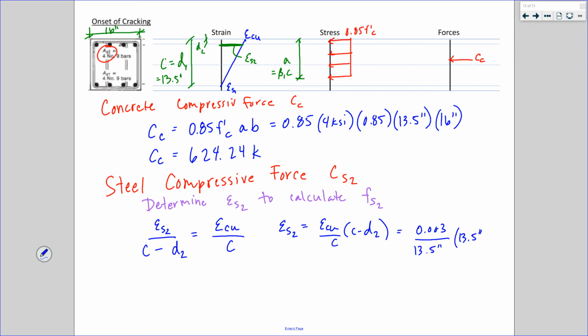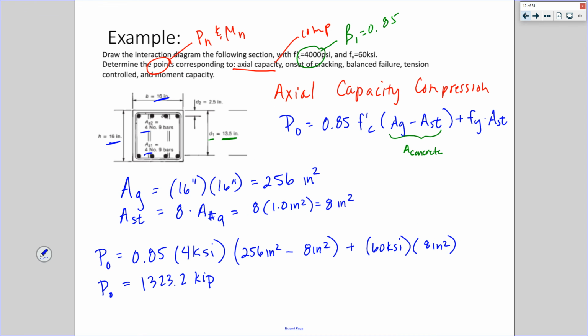If I go back and look, D2 is 2.5 inches.